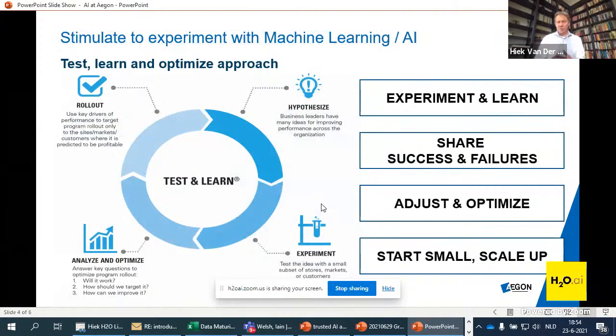So create hypotheses, experiment with those hypotheses, share successes, but also really important, share the failures. I mean, we have learned where it does apply, where it works well, where it doesn't work well, then adjust it and scale up. So in the beginning, there was a slow cycle, and now we are getting better and better in it to run that.